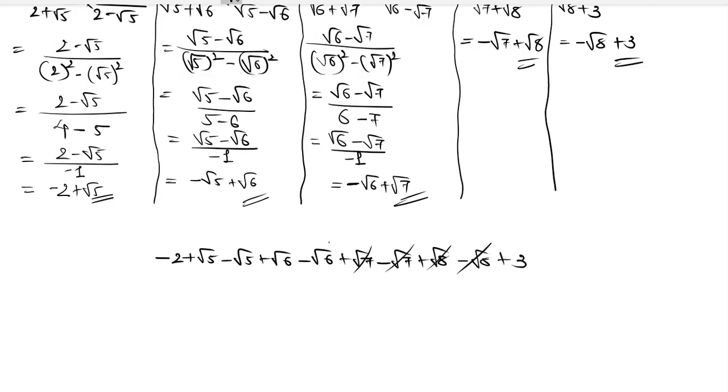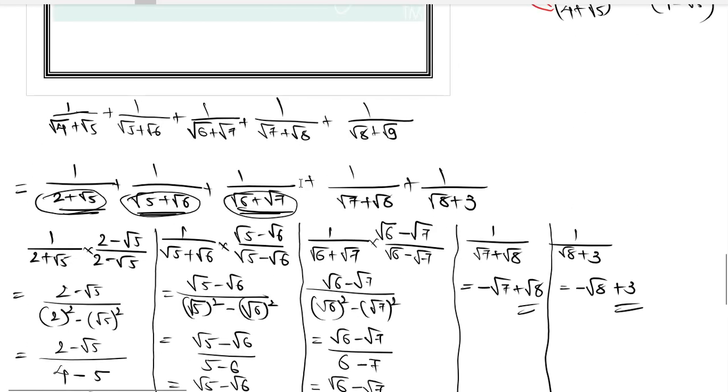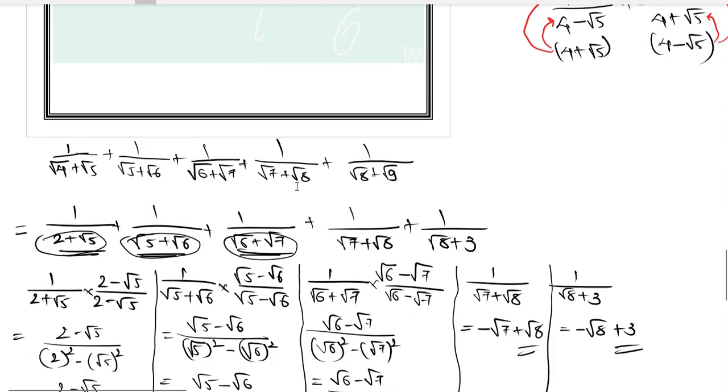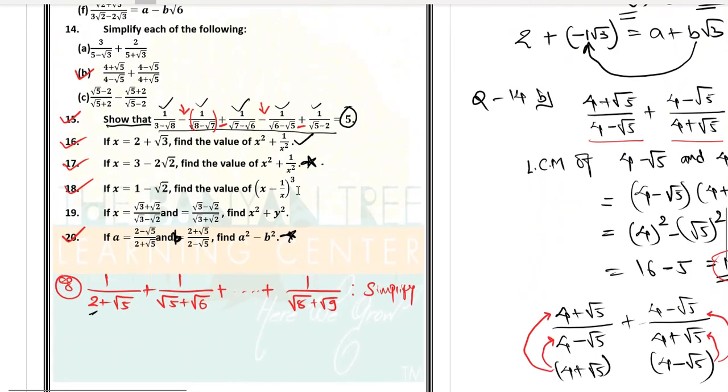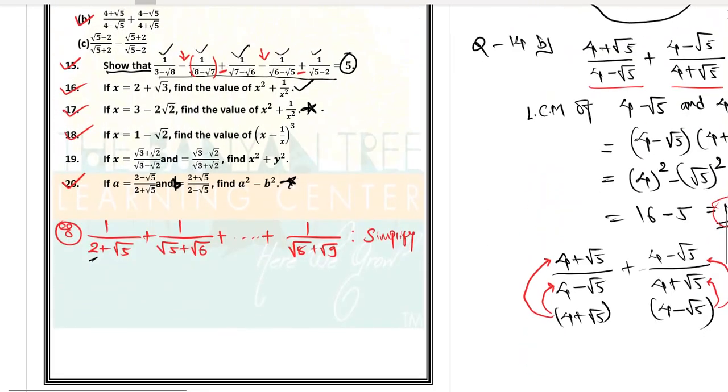Cancel, cancel, cancel, cancel. Beautiful question. Minus 2 plus 3 is equal to 1. That is the simplified form. I hope you understood this. Whoever asked me this doubt, excellent question. So the full rationalization concept is cleared in one question. So this particular part is done.